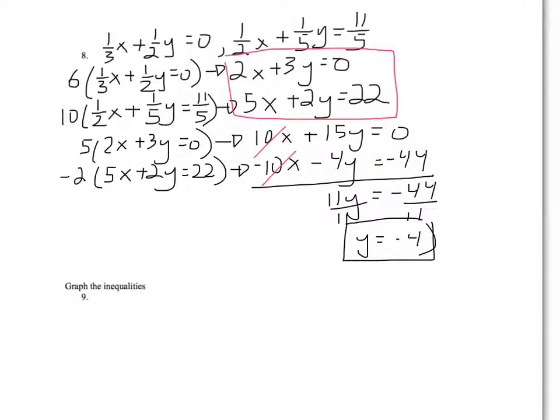I take negative 4 and I plug it into probably the first equation, 1/3 x plus 1/2 y equals 0. So I have 1/3 x plus 1/2, and this is where I substitute in negative 4, equals 0. 1/3 x minus 2 equals 0.